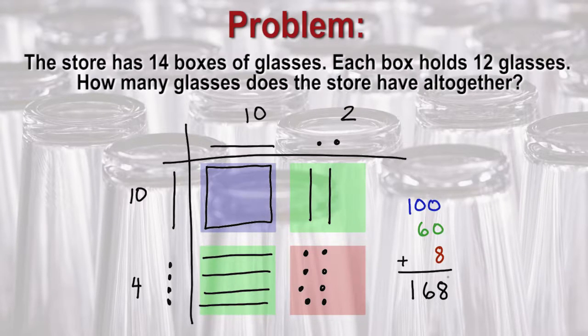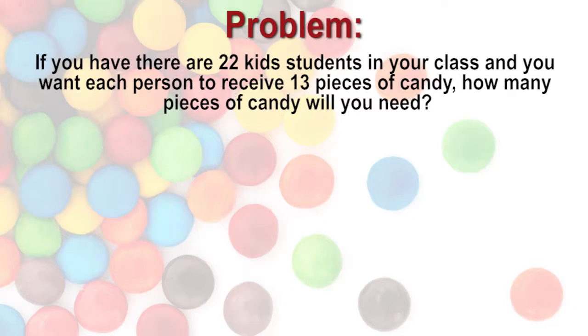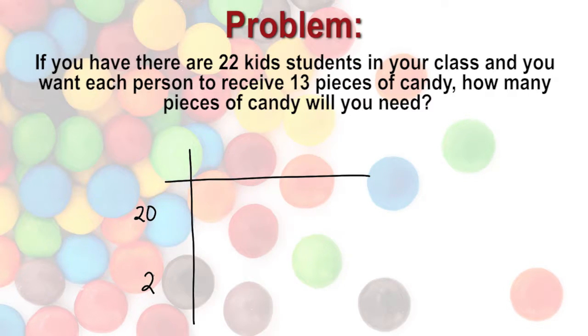Let's try another problem. If there are 22 students in your class and you want each person to receive 13 pieces of candy, how many pieces of candy will you need? 22 times 13. Draw an array bar. First, decompose 22 into 10 plus 10 plus 2 and 13 into 10 plus 3.